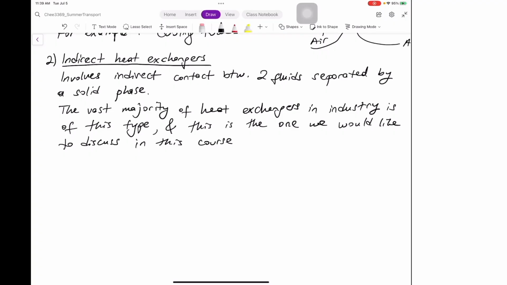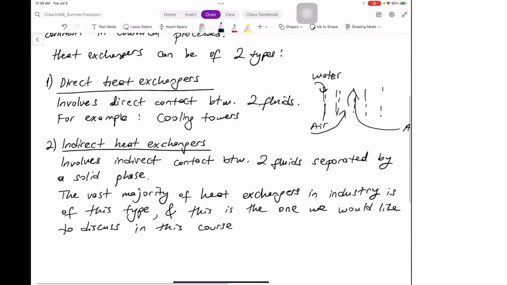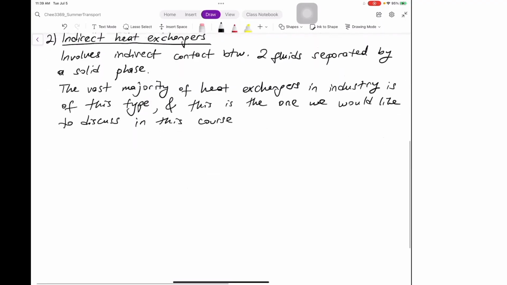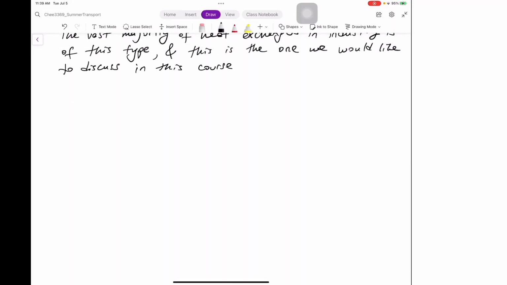Now let's talk about other classifications. You can classify the heat exchangers depending on the arrangement or the architecture. Okay, types of heat exchanger based on architecture.